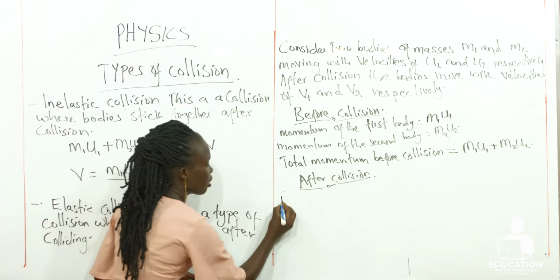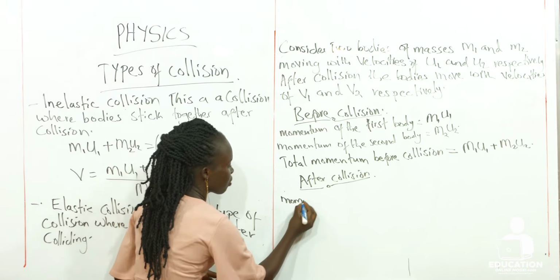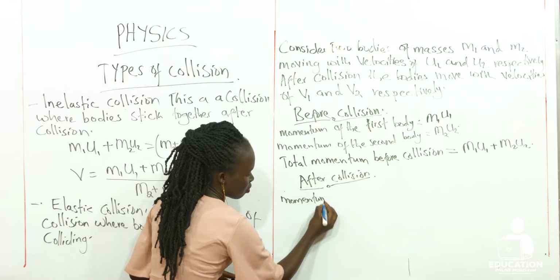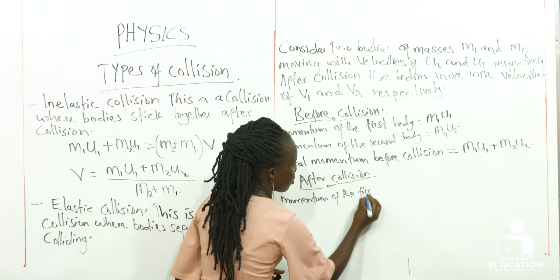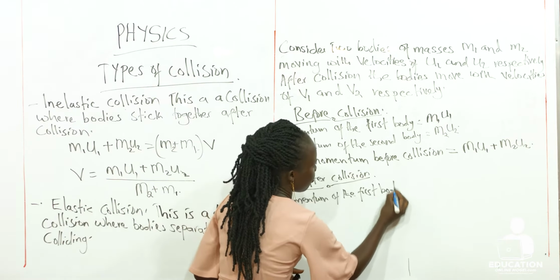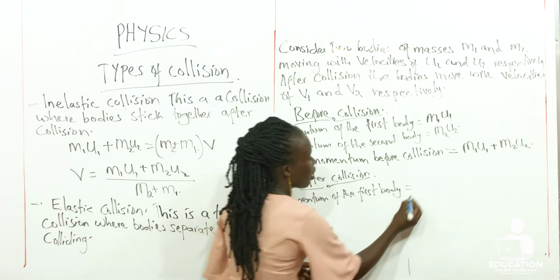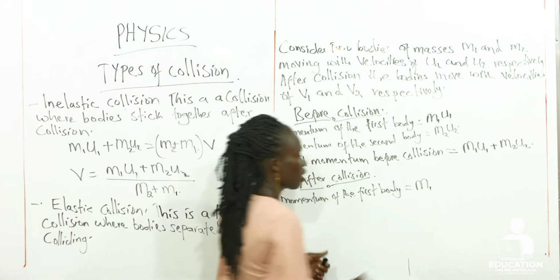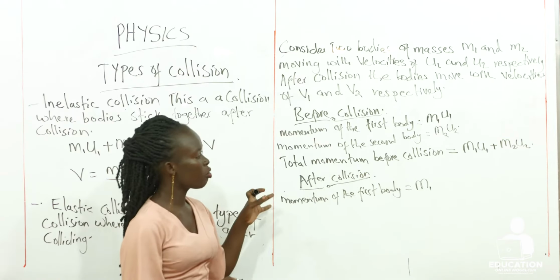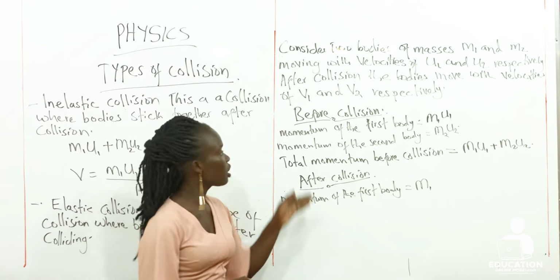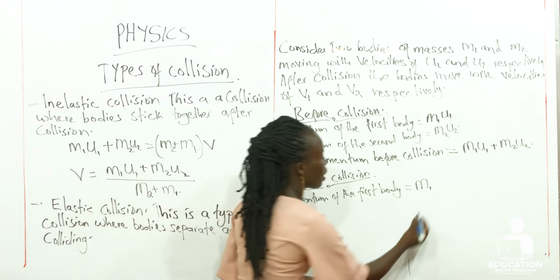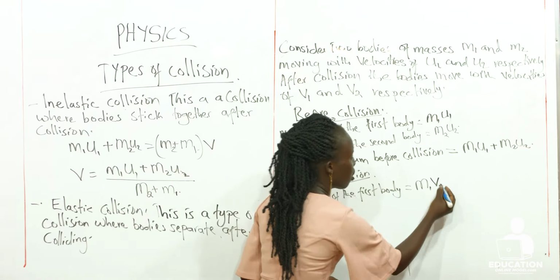After collision, the momentum of the first body will be equal to the mass of that body and the velocity that the body used after colliding, which is the V1. We shall have it here as our V1.